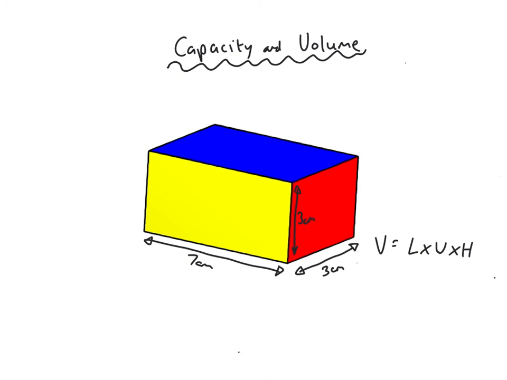Then could we work out the volume of the cuboid? Pause the video now, have a wee go, and then play the video again and see if you were right.